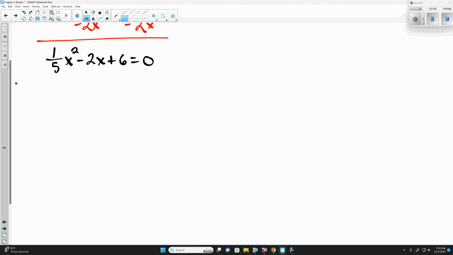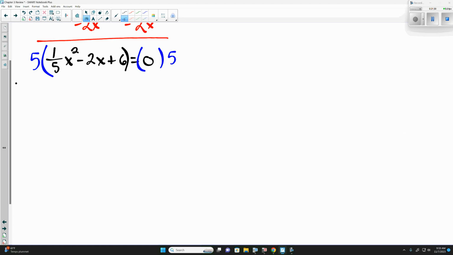Now the biggest issue, and I think what most of y'all don't want to worry about or kind of mess with, is the 1/5. Yes? What can I multiply 1/5 by to make it be 1? 5, yes? There is nothing that says I cannot multiply both sides of this equation by 5. It'll give us the exact same thing.